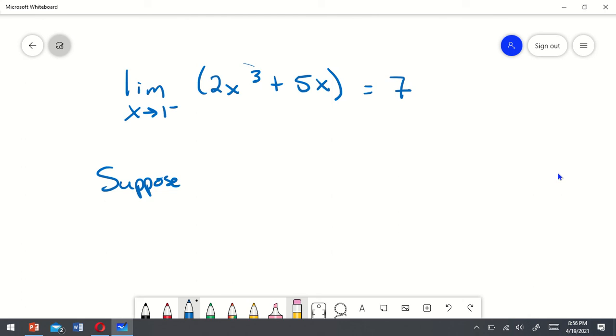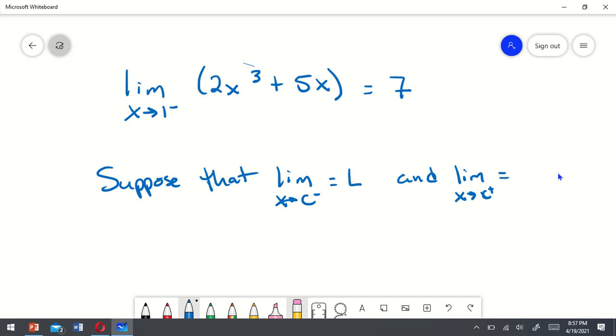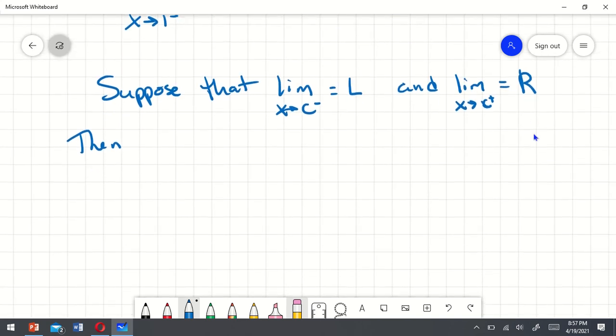Suppose that the limit as x approaches c from the left is equal to some number L, here it was 7, and the limit as x approaches c from the right is equal to R, some number that could be the same, could be different.